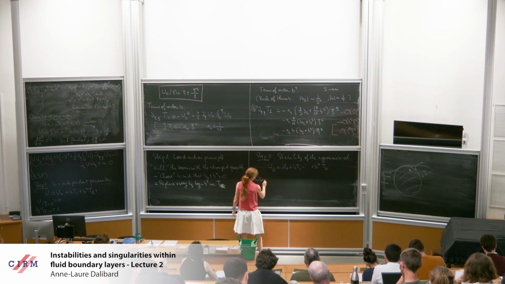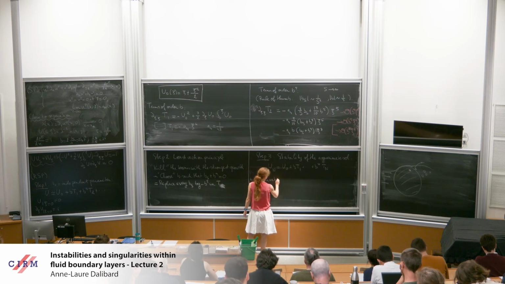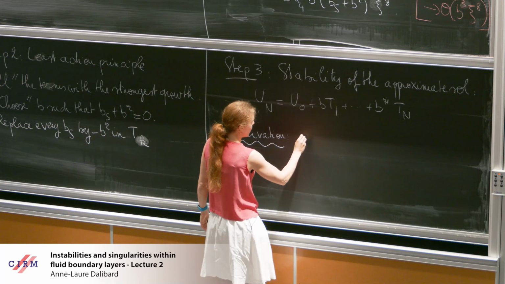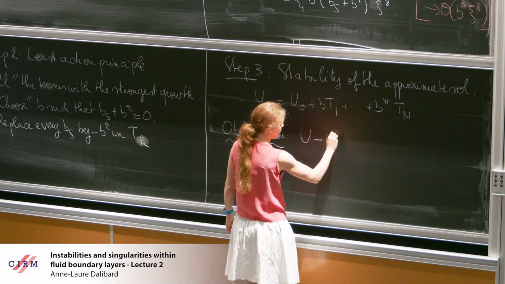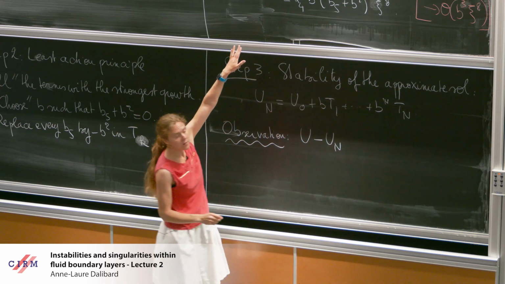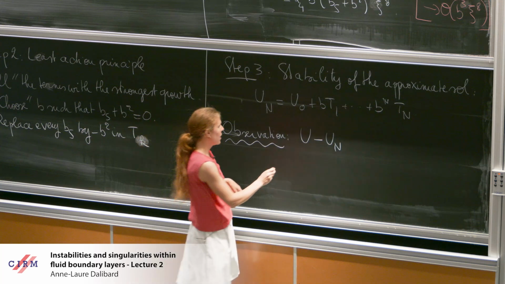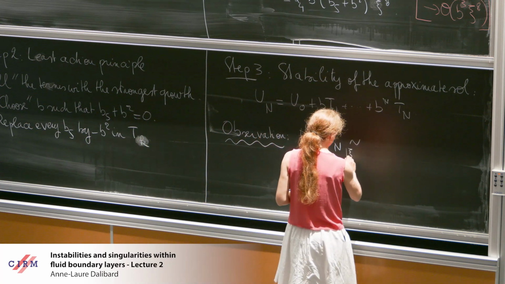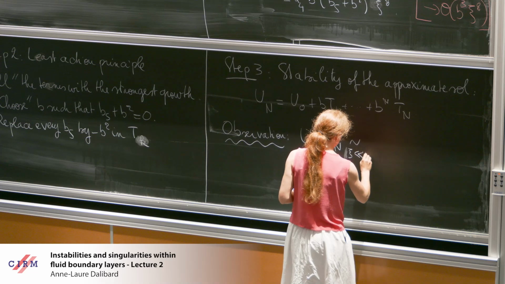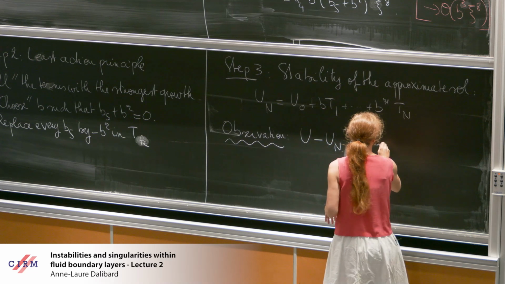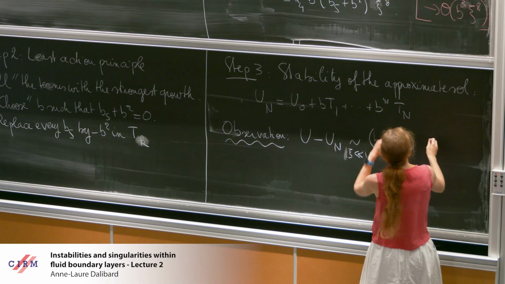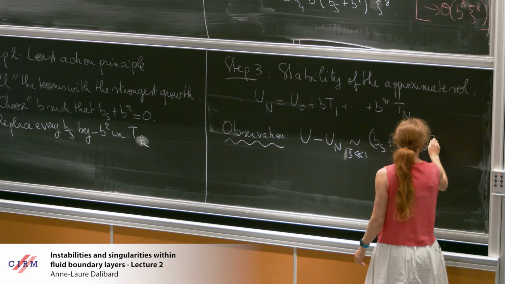Okay, so there is one observation, which is that when you compute the actual solution minus capital Un, because of this computation, this will behave for xi close to 0 like bs plus b squared times some coefficient times xi to the power 7, okay?